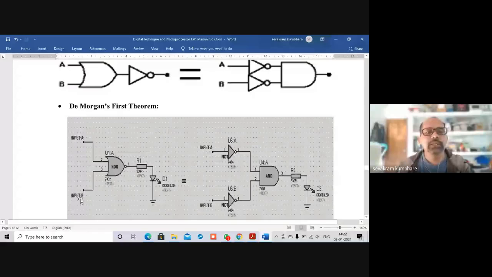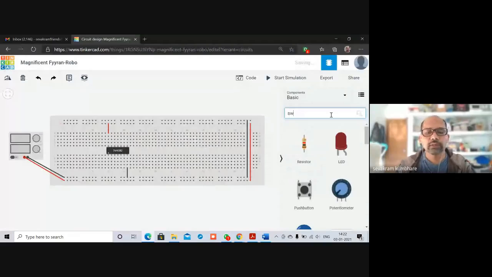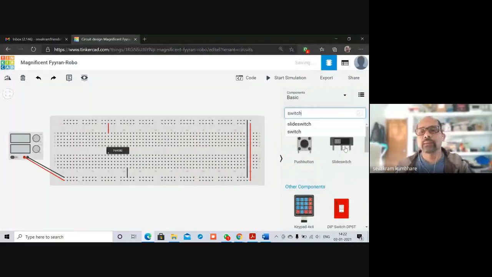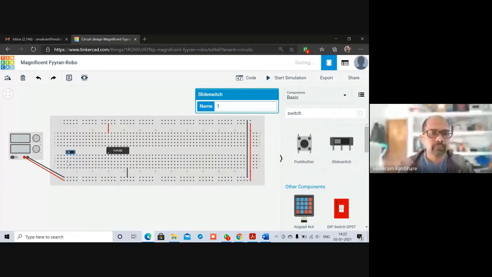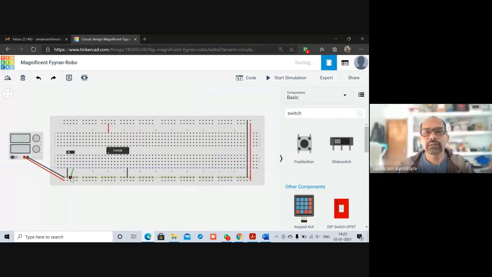After this, we have to connect pin number 2 to input A and pin number 3 to input B. So what I'm going to do is connect a switch, as we have used previously. I'm going to use this slide switch. I'll bring it over here. Let's say I have connected this. On one side I'll connect ground, and this will be black since it is connected to ground, and this I will connect to VCC and make it red.